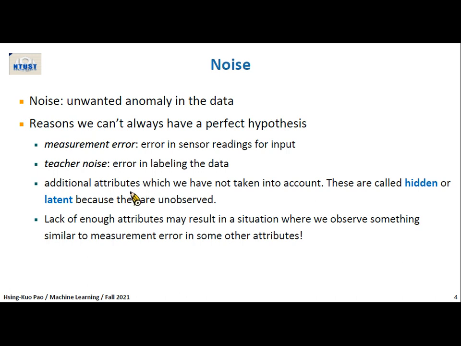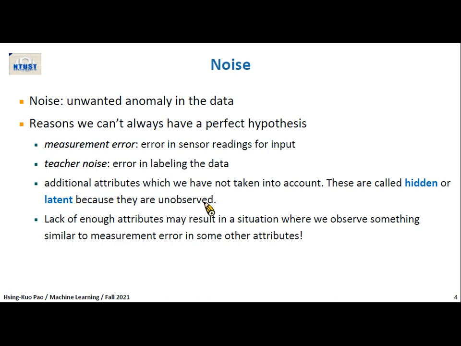There will also be some other situations. It's not just because of noise. It's because we don't have enough information, such as something hidden, something unobserved. Or, let's say the feature could be 20, but we give them only 18. There are two things that we're missing from our observation.